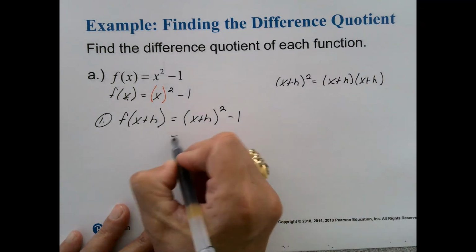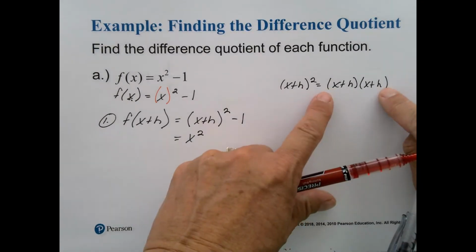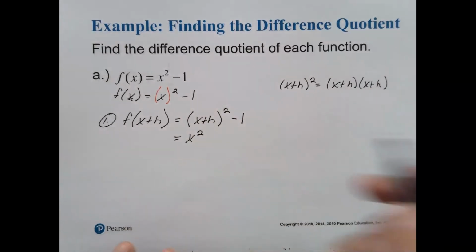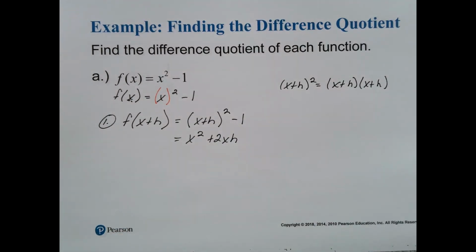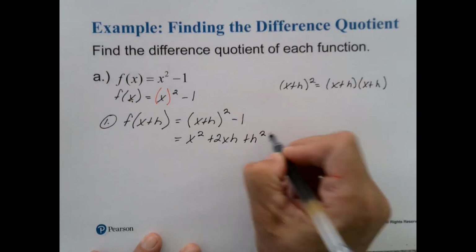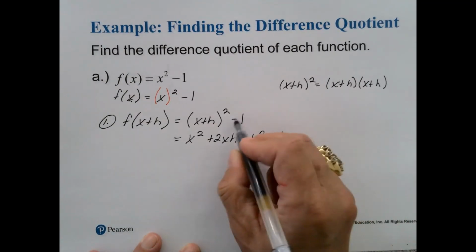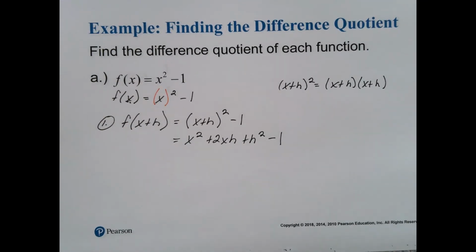First, x times x is x squared. Outer is x times h, and inner is also x times h, so we have two of them, 2xh. Last is h times h, so that's h squared. And I bring down this negative 1. Okay. That is step number 1, f of x plus h.